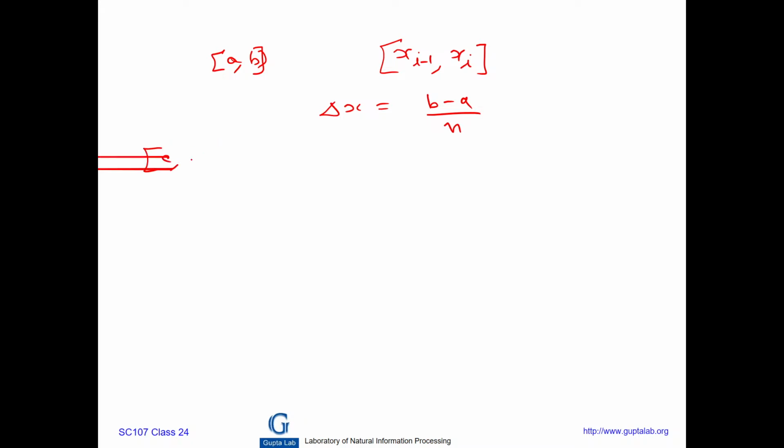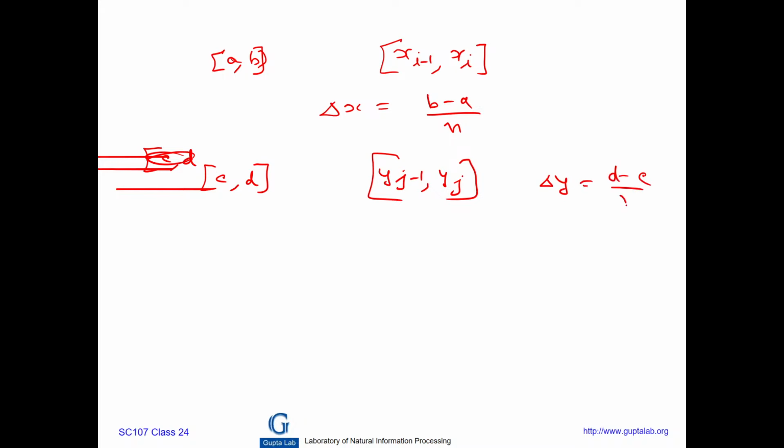Similarly, we divide the interval c d into subintervals yj minus 1 and yj, and the width is d minus c divided by n. So the larger n is, the more intervals there will be, and the size will be smaller, right?